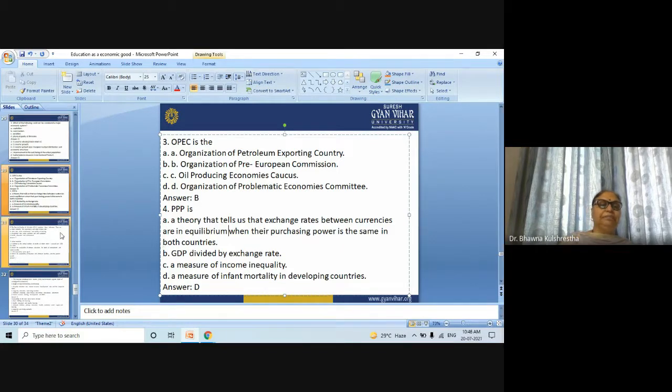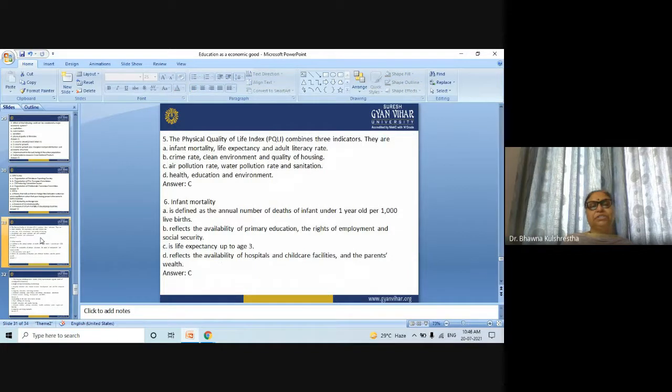And the next question: the physical quality of life index, PQLI, combines three indicators.